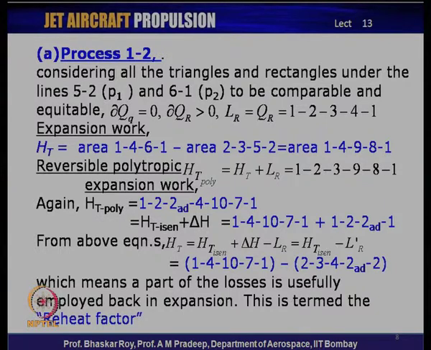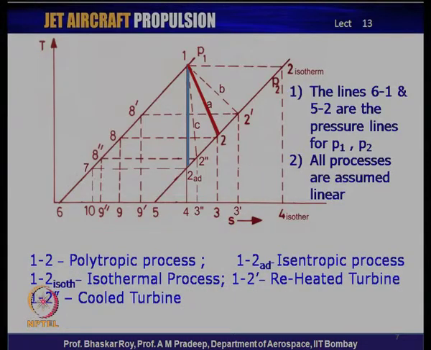The expansion work H T for this particular process may be given in terms of area 1461. So, if we look at that area, that is 1 all the way down 4 to 6 and then 1.